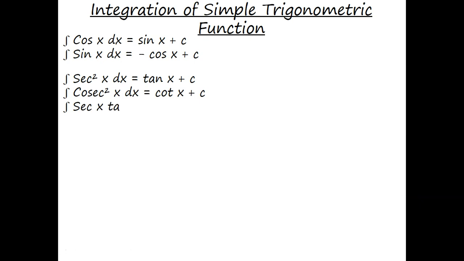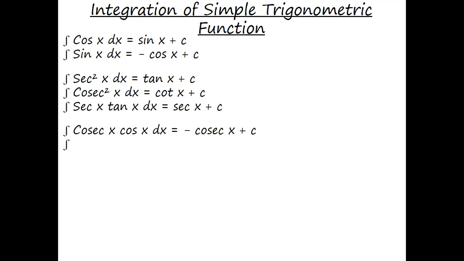Whenever you integrate sec x tan x dx, it ought to give you sec x plus c and nothing else. Whenever you integrate cosec x cot x dx, it ought to give you negative cosec x plus c.